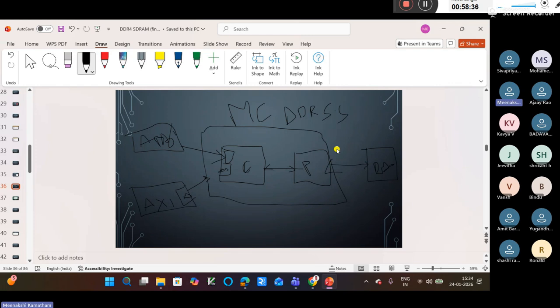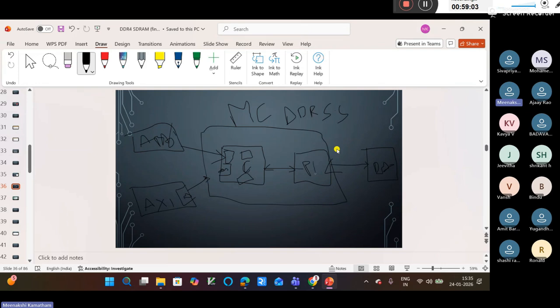Those are the signals we are having in the controller block. In the controller, we have other blocks: arbitration, priority-based things, ECC, write buffers, read buffers, merge logic, and command schedulers.